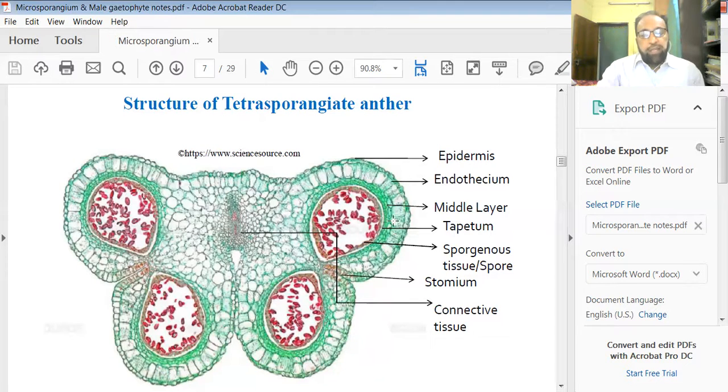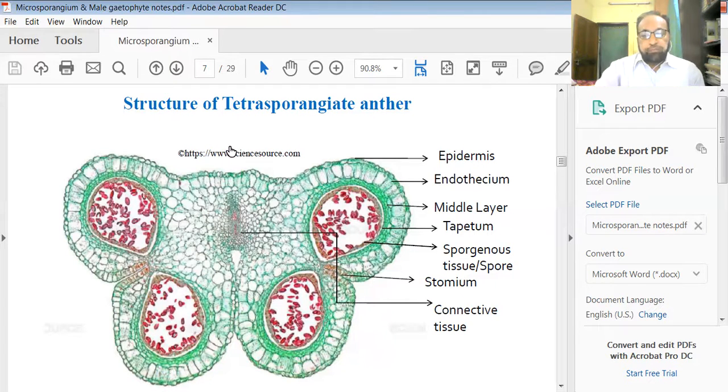Then on each chamber, you will find a bag-like structure called a pollen sac. Sac means bag. It is called a pollen sac because pollen grains are present inside it, and spore mother cells develop and form the spores, inside which the male gamete develops.